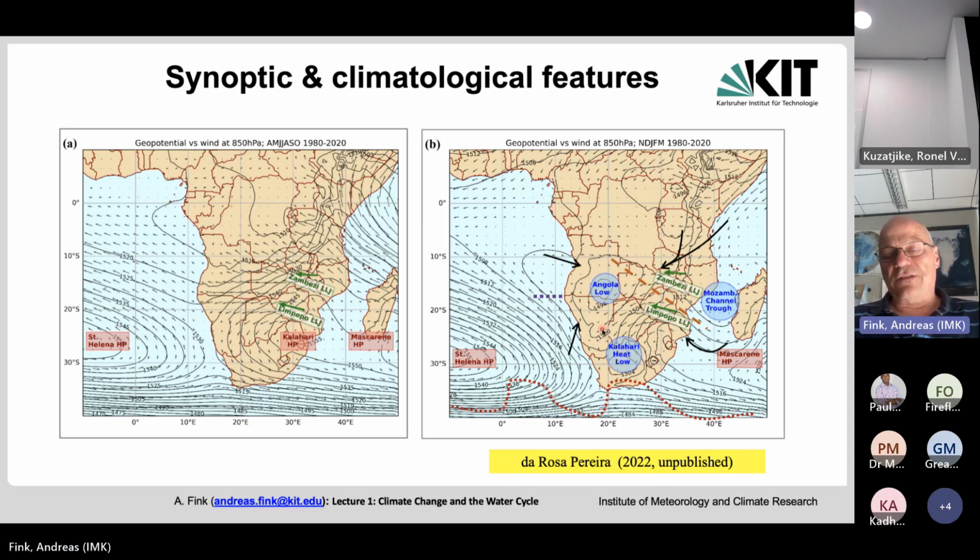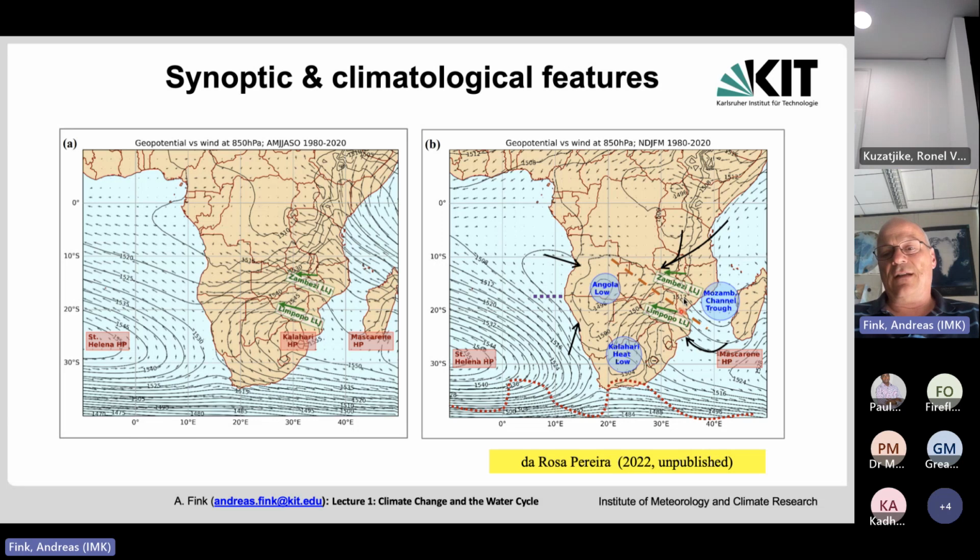Then you see some black arrows here, and they indicate the flux of moisture. The moisture feeds the rain over the region into southern Africa. One source is from the northeasterlies, part of the Indian monsoon system. And this is a flux from south of the Mozambique Channel.